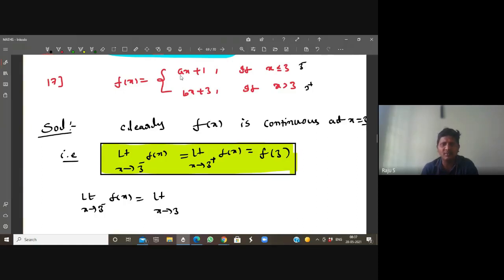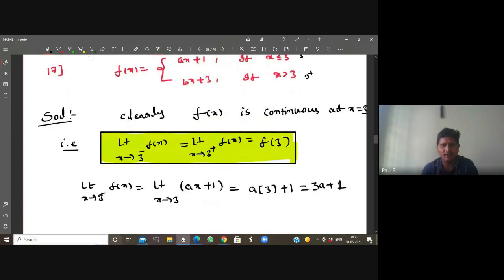Okay, what is the function value? f of x value is ax plus 1. Right? Substitute 3 in place of x. So a into 3 plus 1, that is 3a plus 1. This is limit x tends to 3 minus, the left hand continuity.